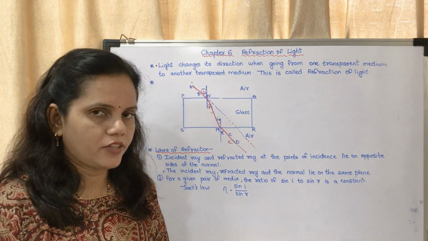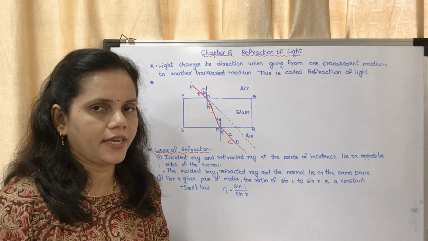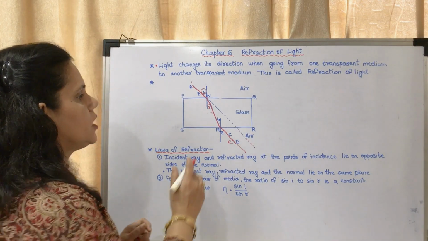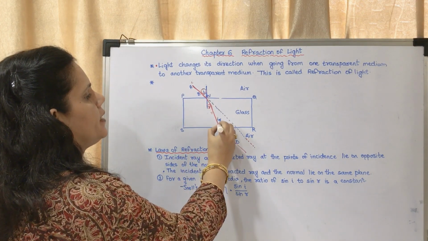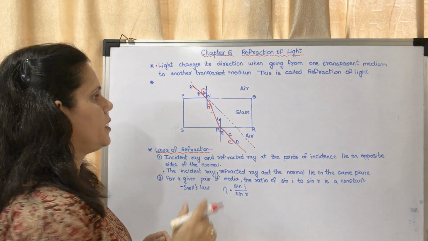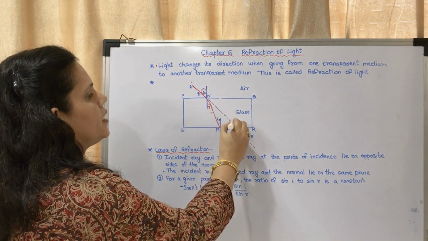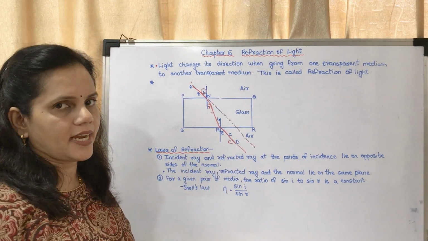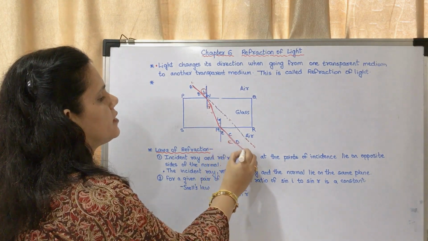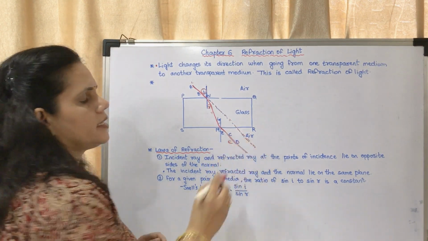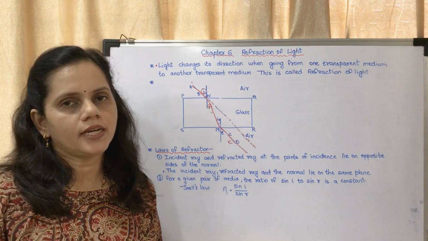So what you have to remember in this diagram while drawing: there should be a bending here, and there should be a dotted line which goes straight, and the emergent ray and the dotted line should be parallel to each other.